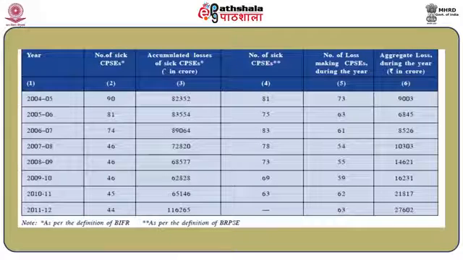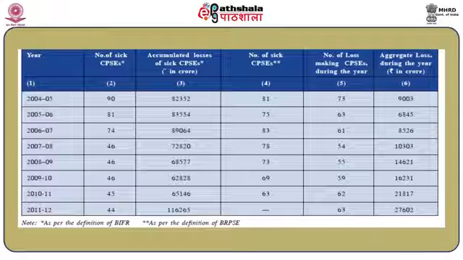The table depicts the status of the loss-making enterprises along with the accumulated losses for the period 2004 to 2012. The government constituted the Board for Reconstruction of Public Enterprises in 2004 as an advisory board to review and restructure sick and loss-making CPSEs.